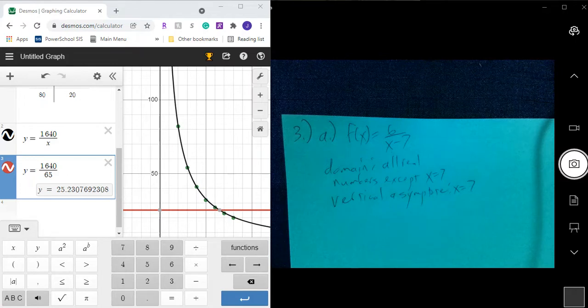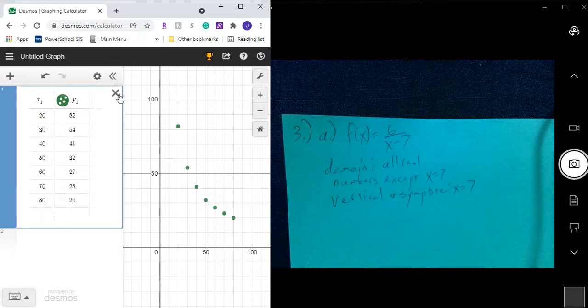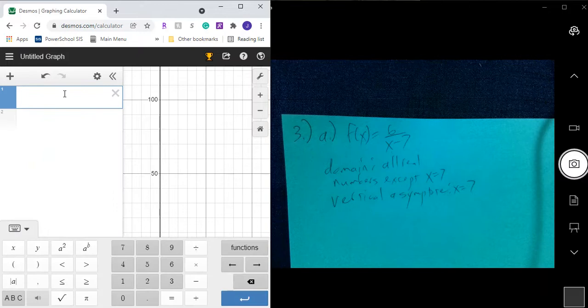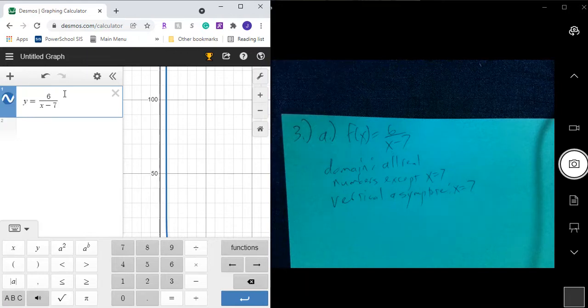So we can go here and we can graph it. It would approach 7, but it would never hit 7. So let's go here. So we could go y is equal to 6 divided by x minus 7.